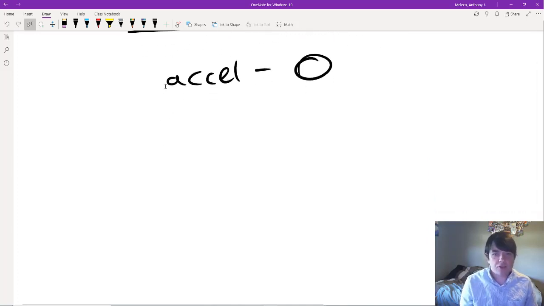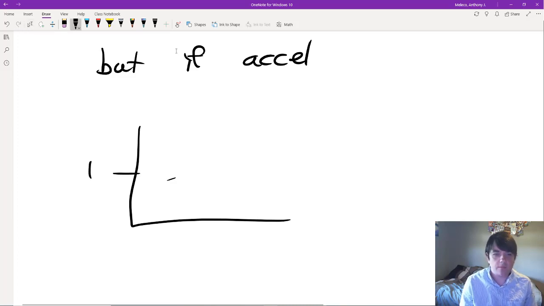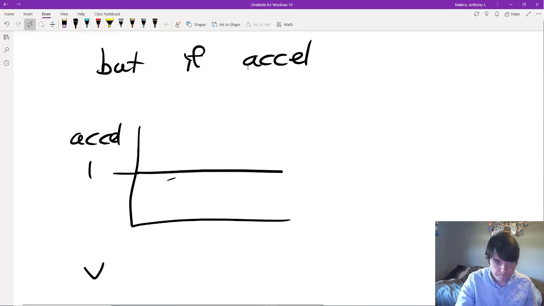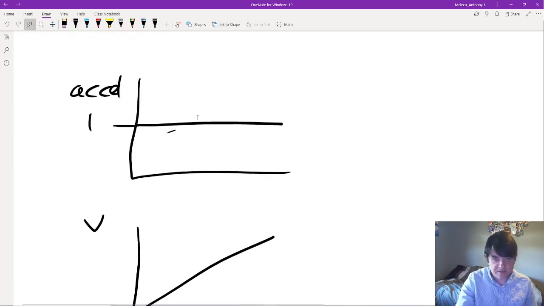But if acceleration had a value, so let's say accel looked like, I don't know, even just 1, and it looked like this, so this is our accel, then velocity would have a slope that looked like this, because that's the slope of this line.